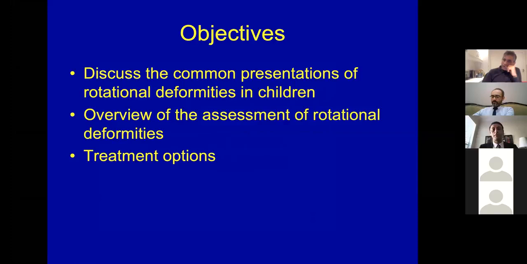Our objectives today are, first, to discuss the common presentations of rotational deformities in children. Number two, to overview the clinical assessment, how to assess the patient with rotational deformities. And lastly, to discuss the treatment options, how to customize the treatment according to the presentation of the deformity and the other associated deformities, and how to treat patients with the more complex deformities.